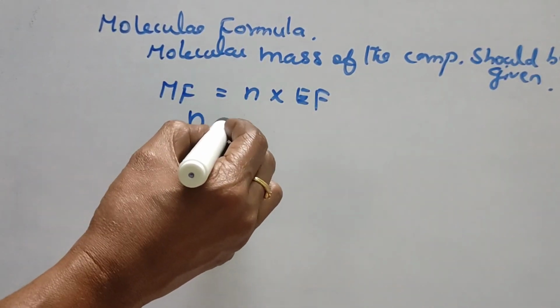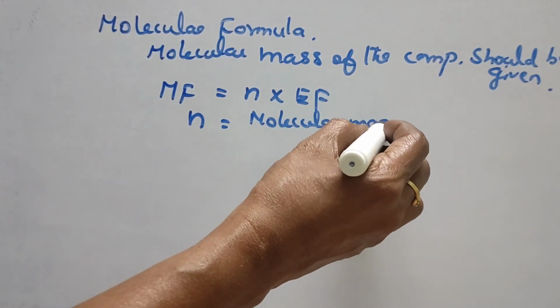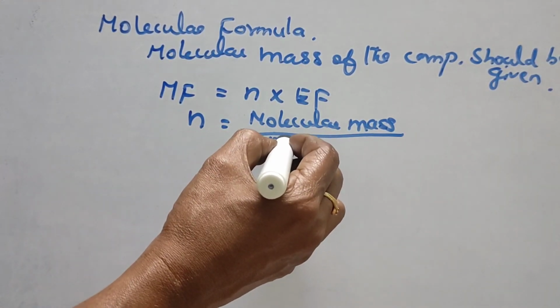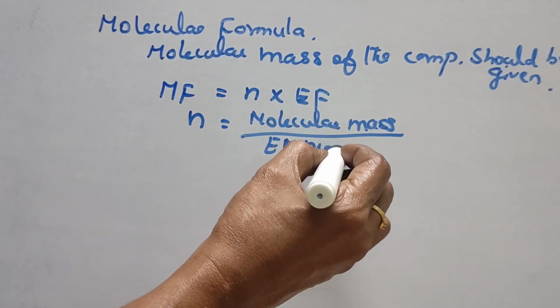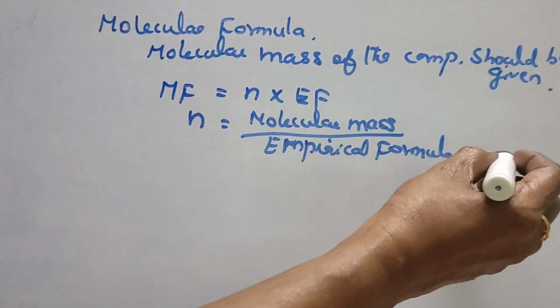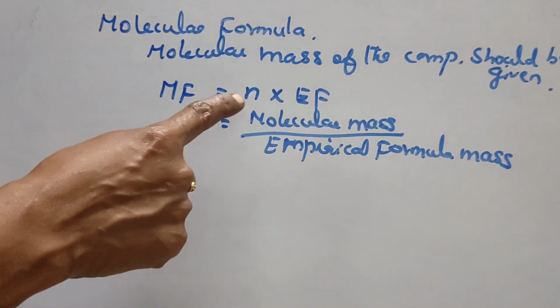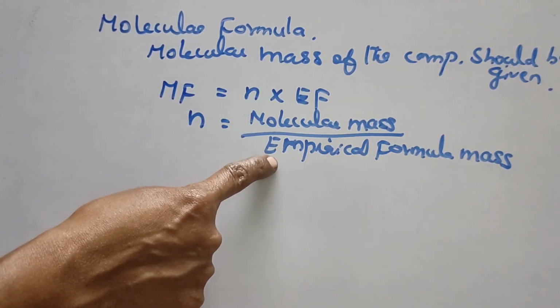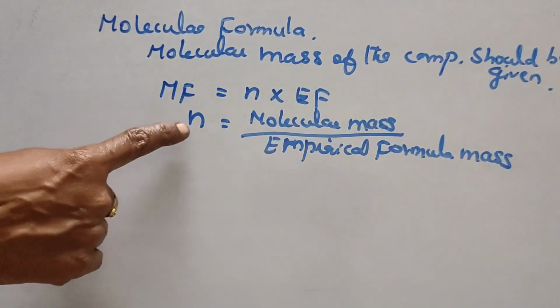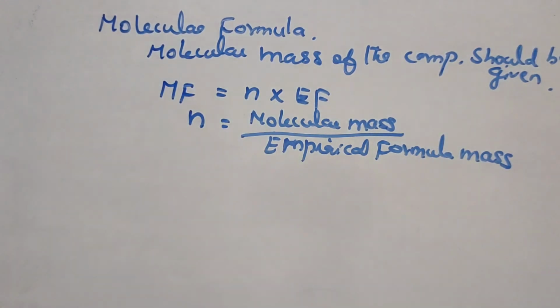What is N? N equals molecular mass divided by empirical formula mass. So if we have to find the molecular formula, we should know the molecular mass. If we know the molecular mass, divide it by the empirical formula mass and you will get N. Then empirical formula into N equals molecular formula.